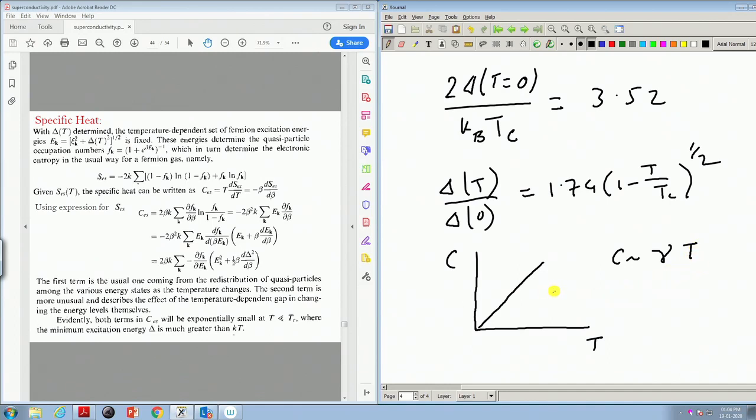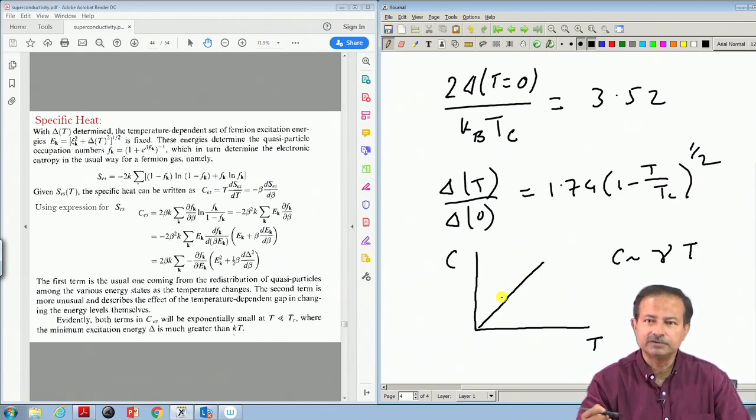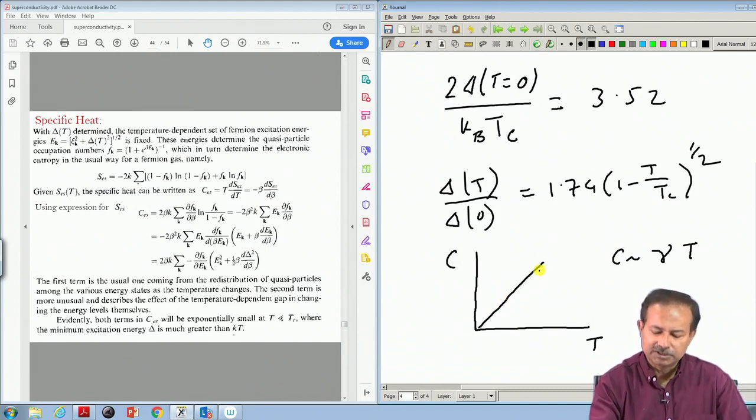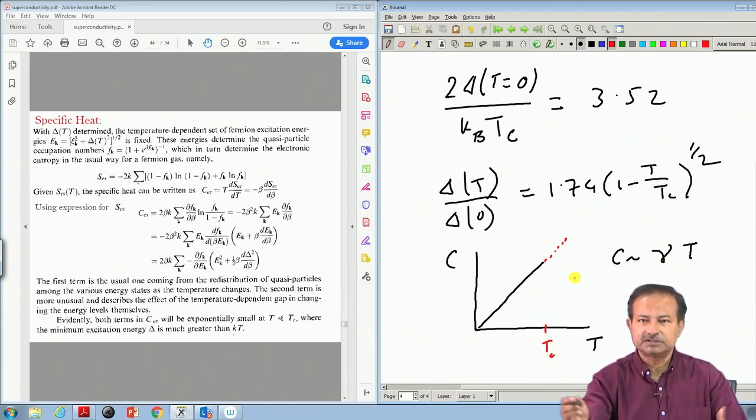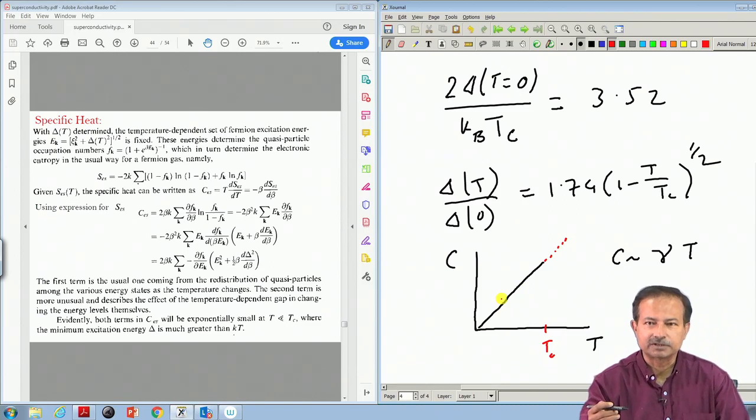So, that means we should be able to find out from the entropy what this specific heat is, and we can even guess it. What will happen till Tc? It will follow the normal state. So, suppose this is Tc. Till Tc it is a normal state, normal metal, and then of course, below Tc there is a gap opening in the spectrum. So, there will be an exponential decay of excitations.